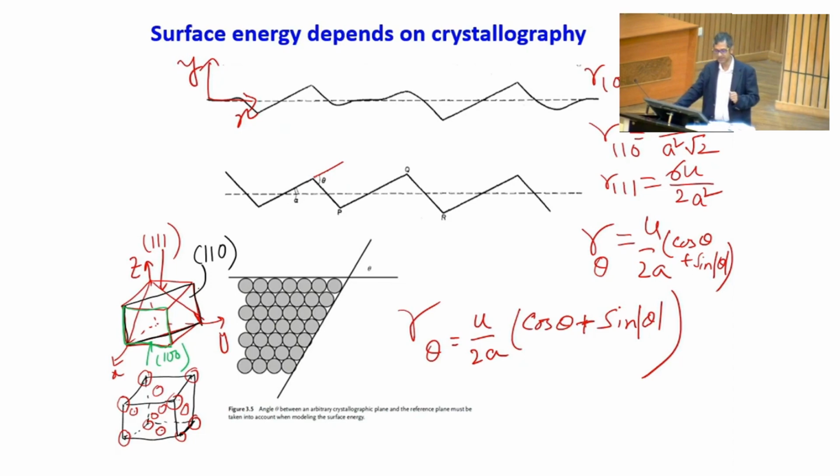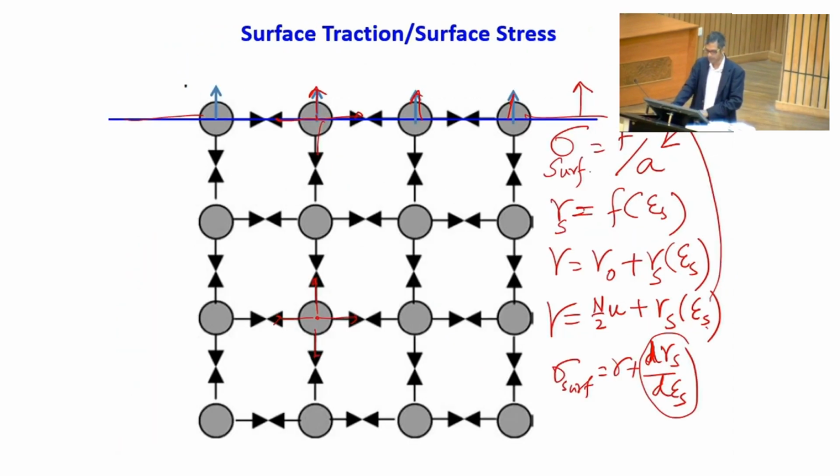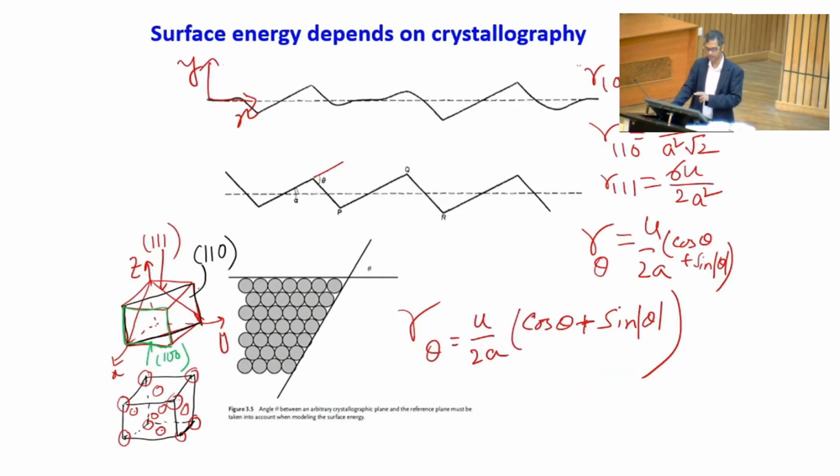So, first thing is that I told you gamma depends on the surface stress. You remember that, or surface traction. Then I told you gamma also depends on orientation of each plane. We started with gamma into area, and first we made a relationship between how the size will change the surface energy.